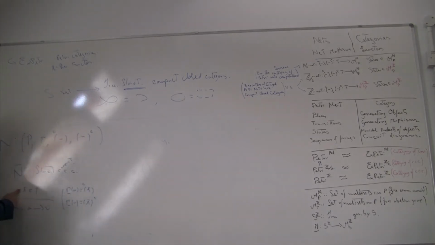Again, the idea is that for each transition in T, I'm adding all these morphisms for all the possible strings that will be mapped to the input and output multiset.